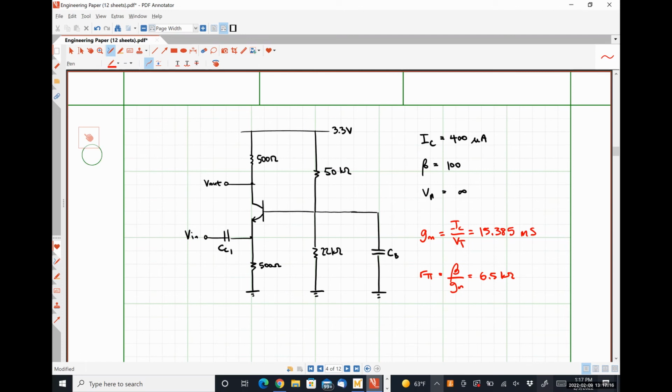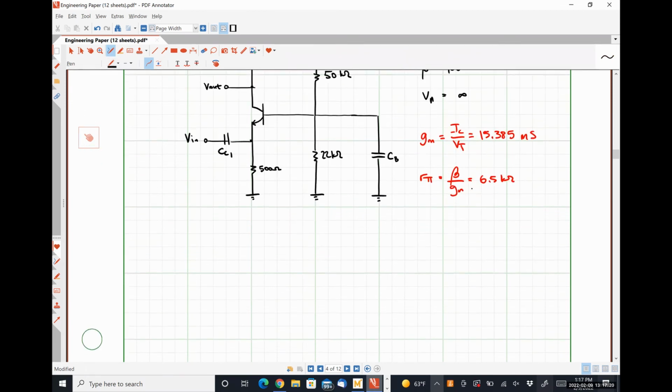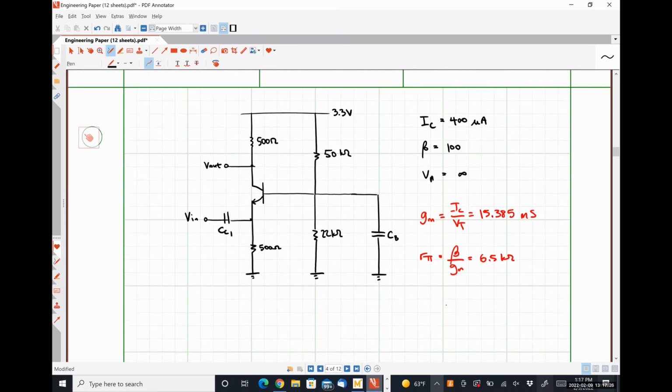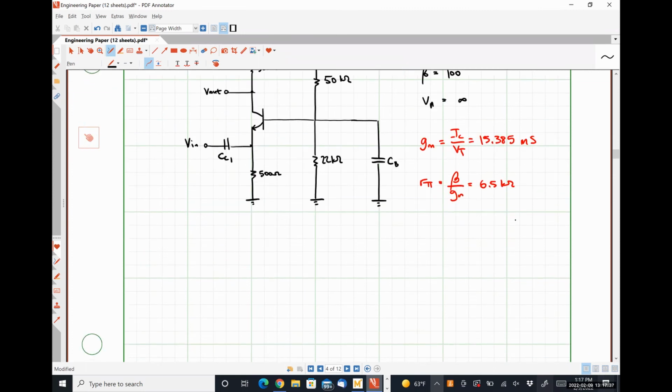All right, so let's draw the simplified version of the circuit. I like to do that. Our simplified version again comes from shorting out all of our capacitors, setting all of our DC voltages to 0, which means that we ground our power supply voltages. And so what we're left with is just this guy.